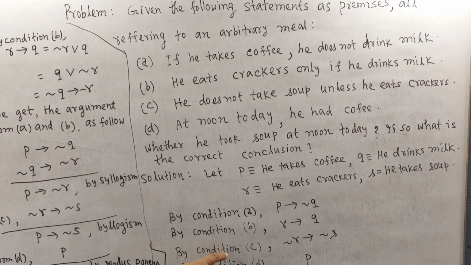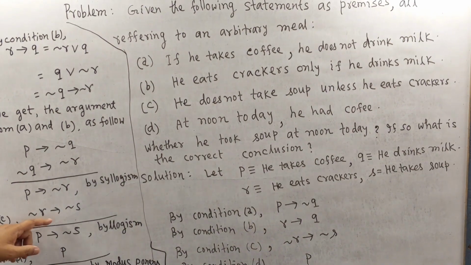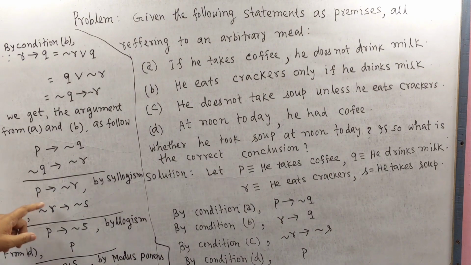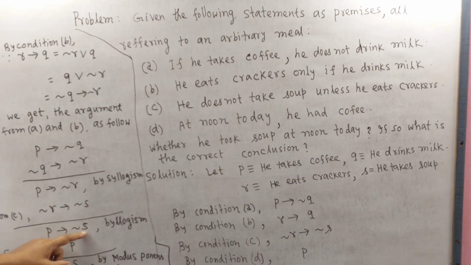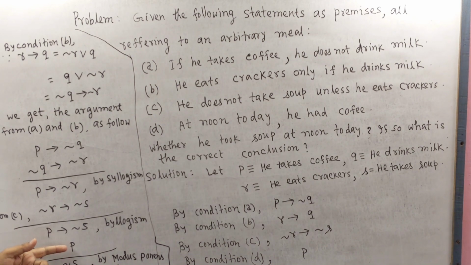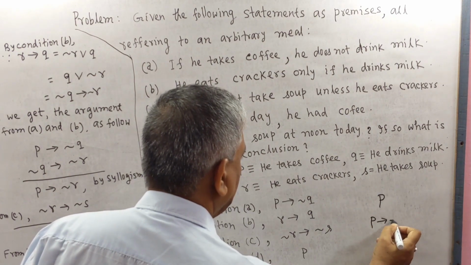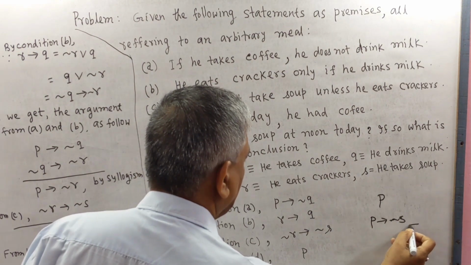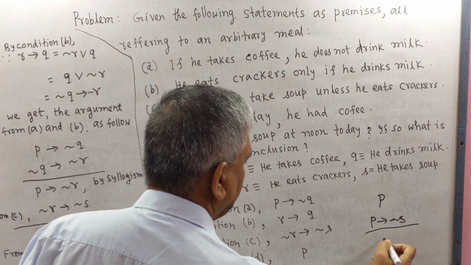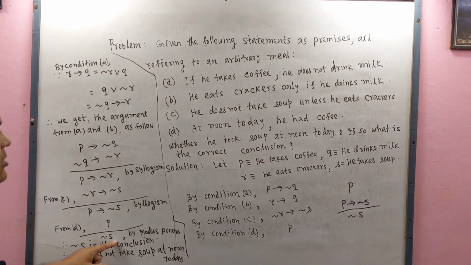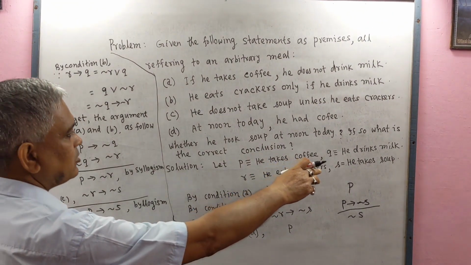From condition C, negation R implication negation S. Now again by syllogism, P implication negation S. From D we have P. So we may write first P and next P implication negation S. By modus ponens we get negation S. S is the statement he takes soup.